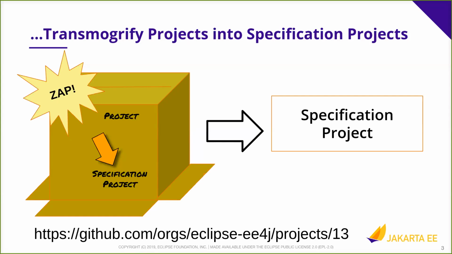Now, as Ivar pointed out, we do have a GitHub board set up to track the work that's being done here. And as I gather the information, or as I see that the information is available from the project teams regarding project names and scopes, I'm creating a new issue in this board.